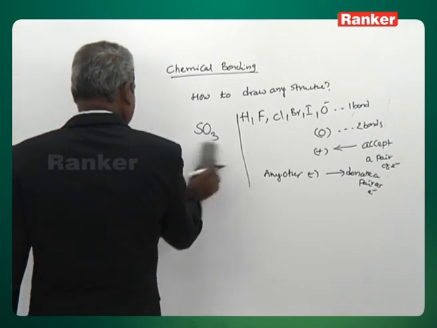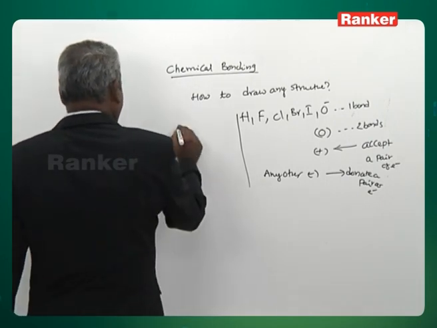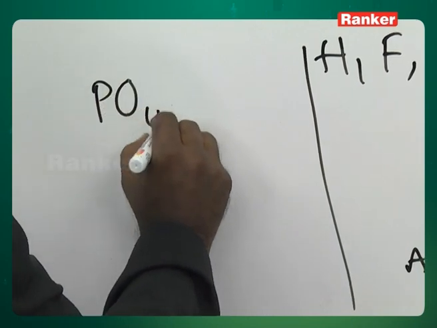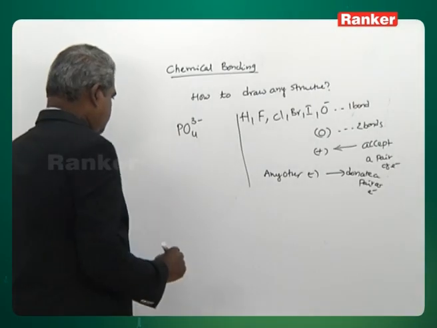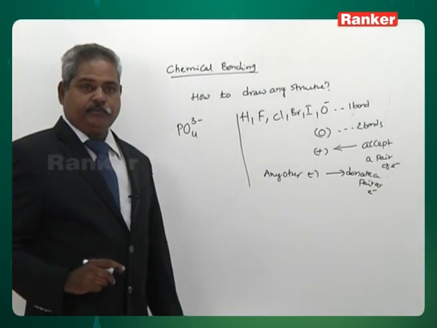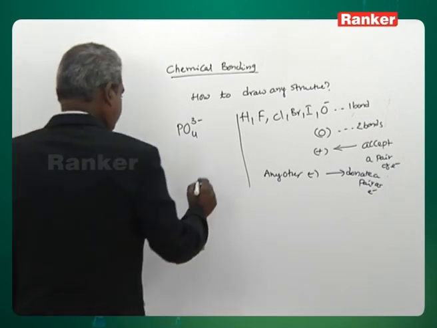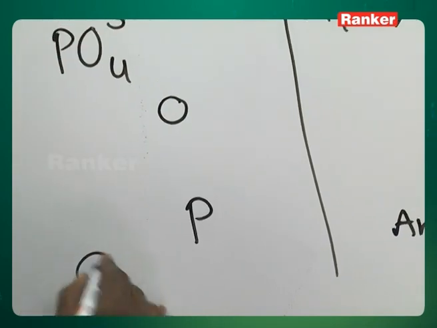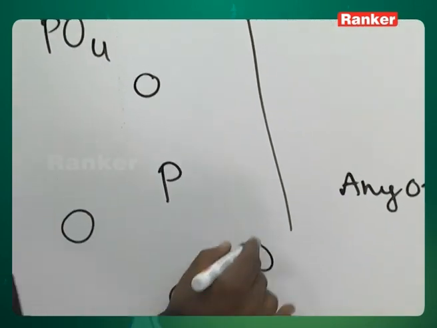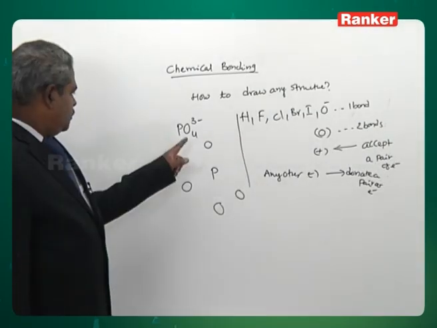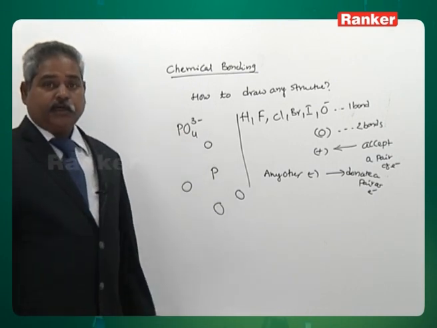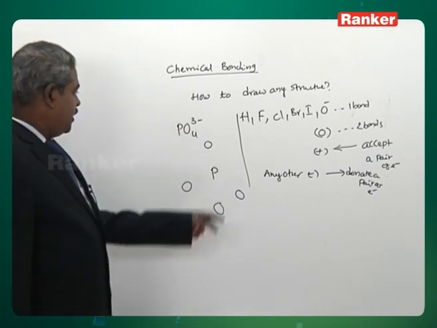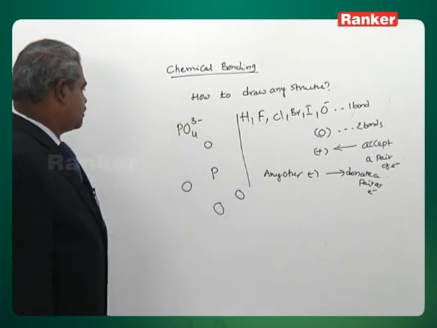Now, let us take PO4 3 minus. Phosphorus is the central atom here. PO4: 1, 2, 3, 4, 4 oxygens, but 3 of them are minuses. The formula itself suggests 3 minus.